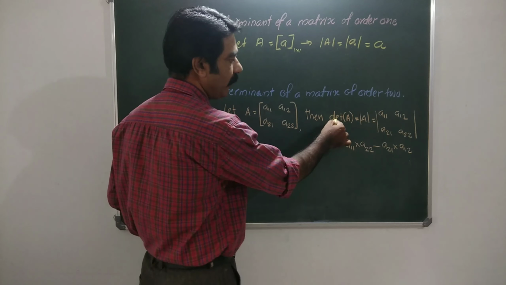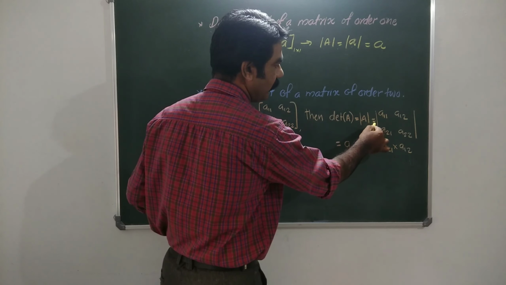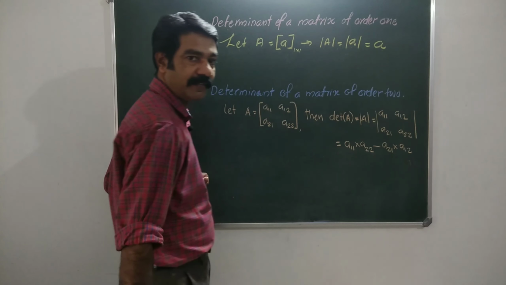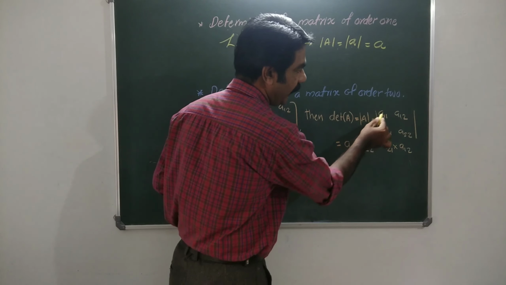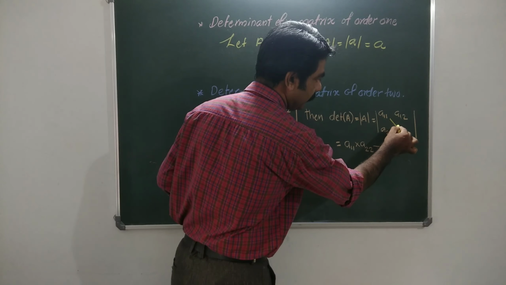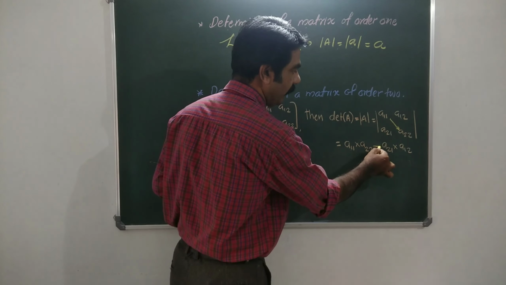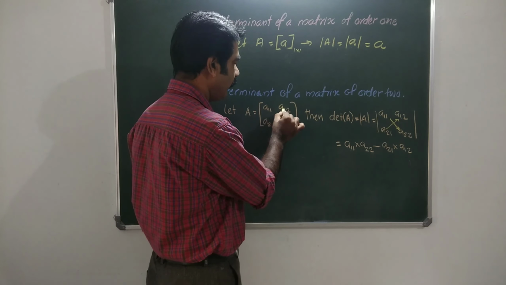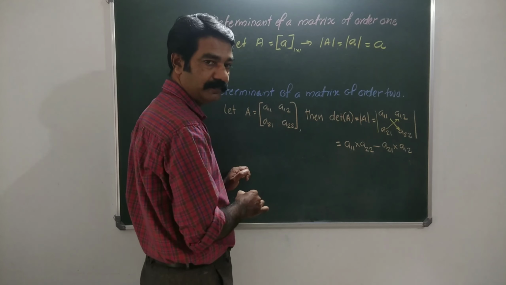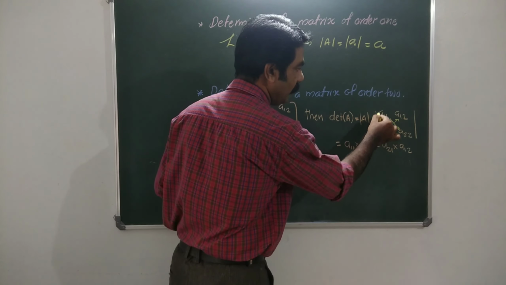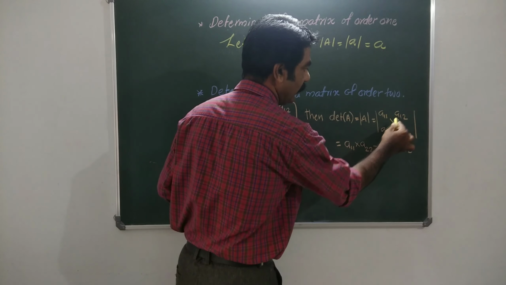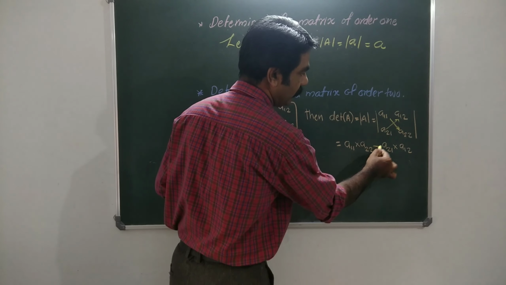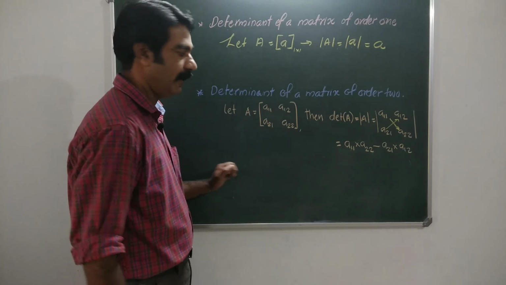Then determinant A is equal to determinant a11, a12, a21, a22, and it is defined as a11 into a22 minus a21 into a12.